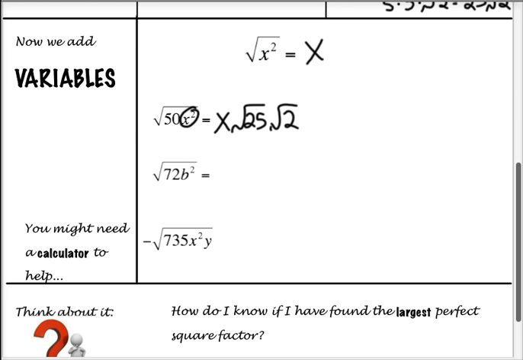I'm going to just pull it out right away so I don't even have to think about it being in the radical. Whenever you have a variable squared, just pull it out as the variable. So what do we get? Well, the square root of 25 is 5. So on the outside, we'll have 5x and then square root of 2.